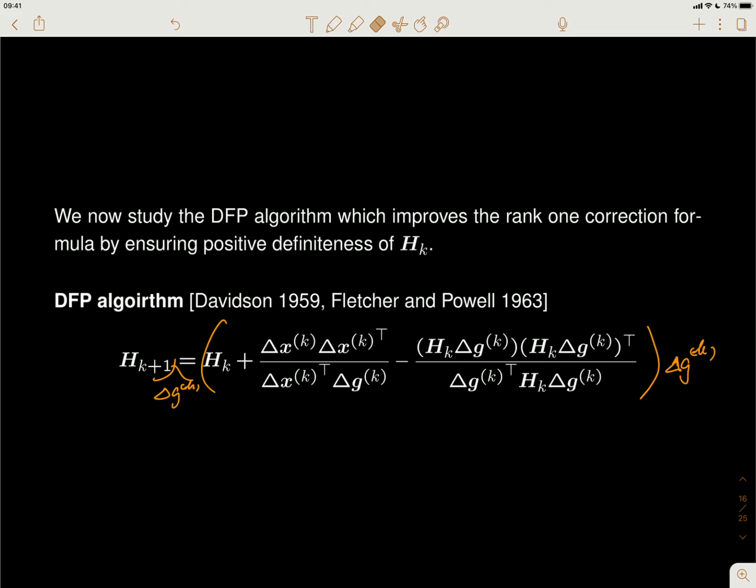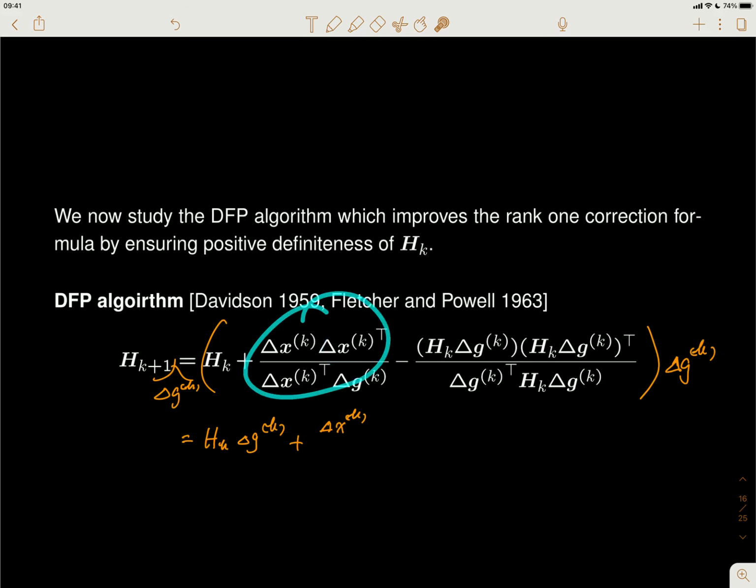If I do this, then I'll have the H_k delta g_k, and then add, on the numerator, delta x_k, and the delta x_k transpose times this. I'm going to have this multiplied to this.